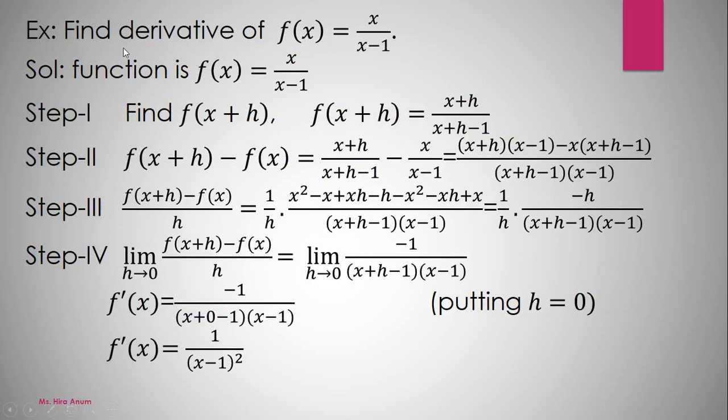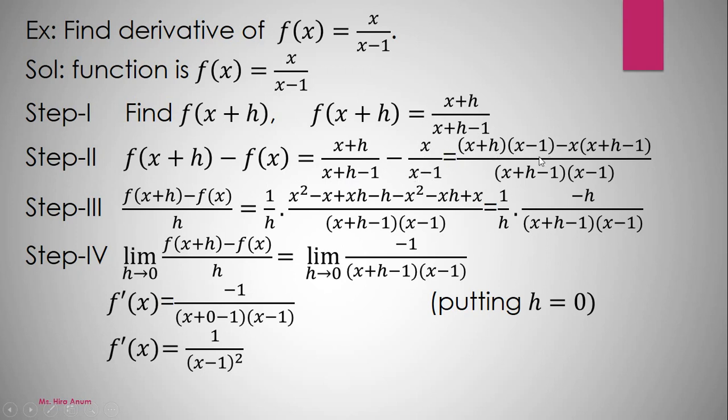Another example: find the derivative of f of x equals x over x minus 1. Then f of x plus h equals x plus h over x plus h minus 1. Taking the difference of these two numbers, x plus h over x plus h minus 1 minus x over x minus 1.